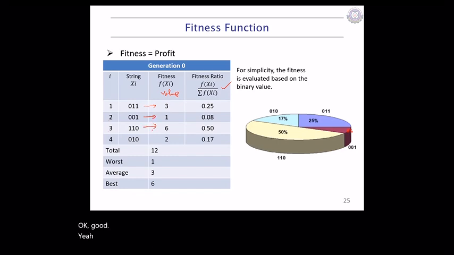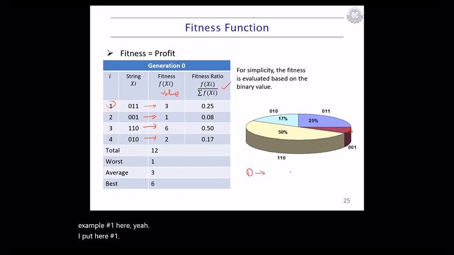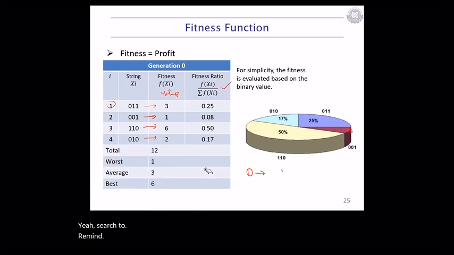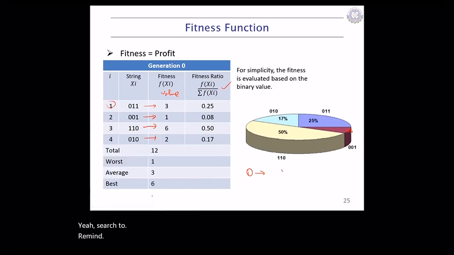Because this one is very important. This is binary. As I mentioned before, for example, number 1 here, just to remind: 0, 1, 1.